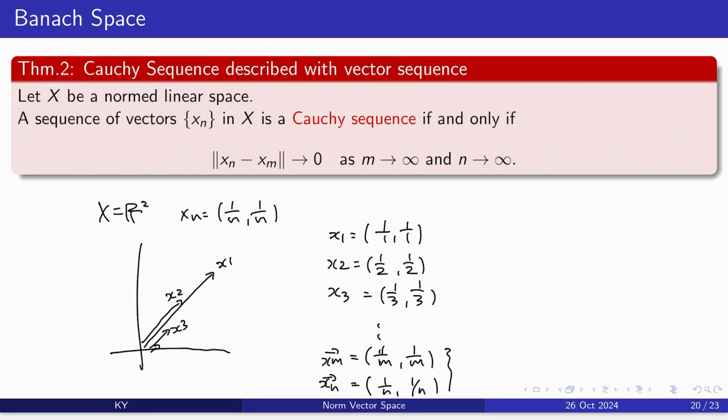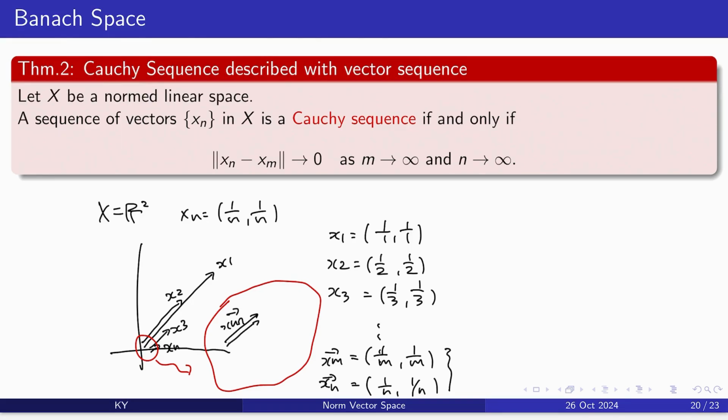And as you can see, xm and xn are very tiny and small, we can't even see them.